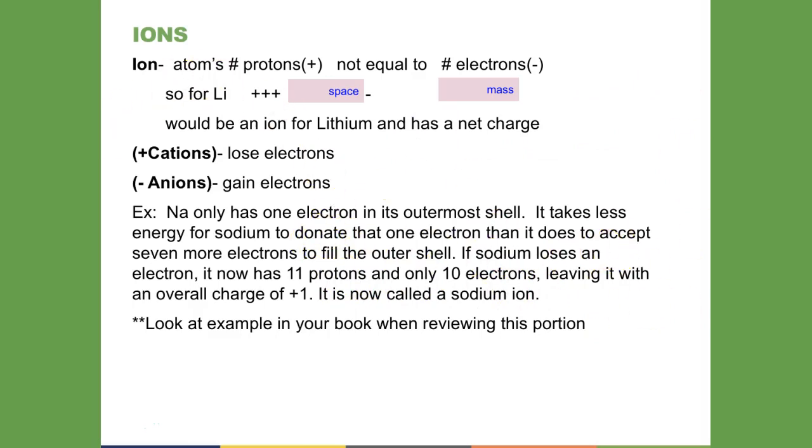That way, it'll be an empty ring over here in this orbital on the sodium atom, and a full orbital over here on the chlorine atom. That makes it a sodium chloride compound altogether, but at the end of the day, this becomes a cation, and this becomes an anion.